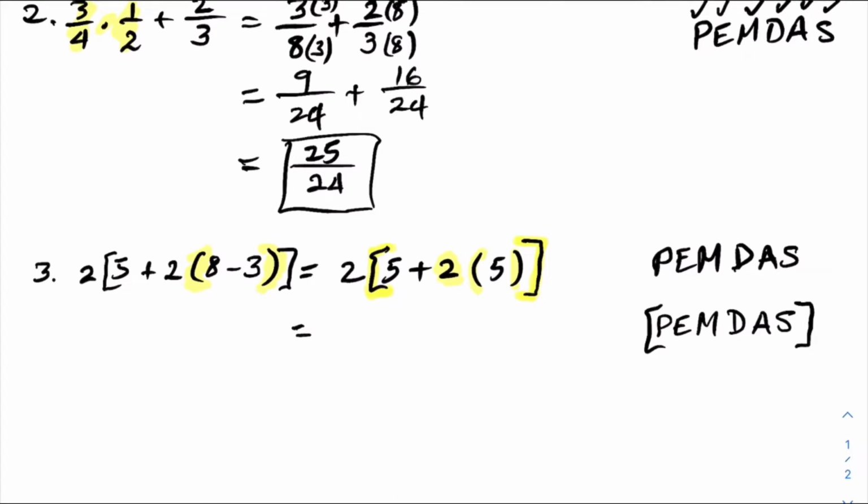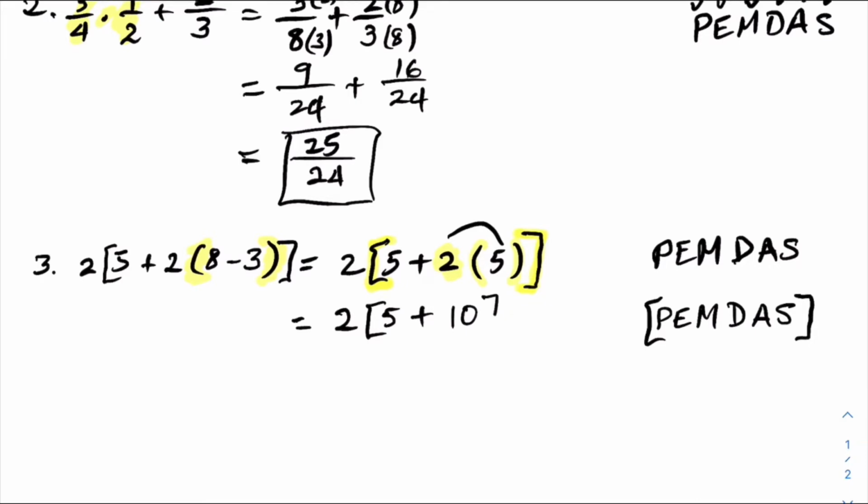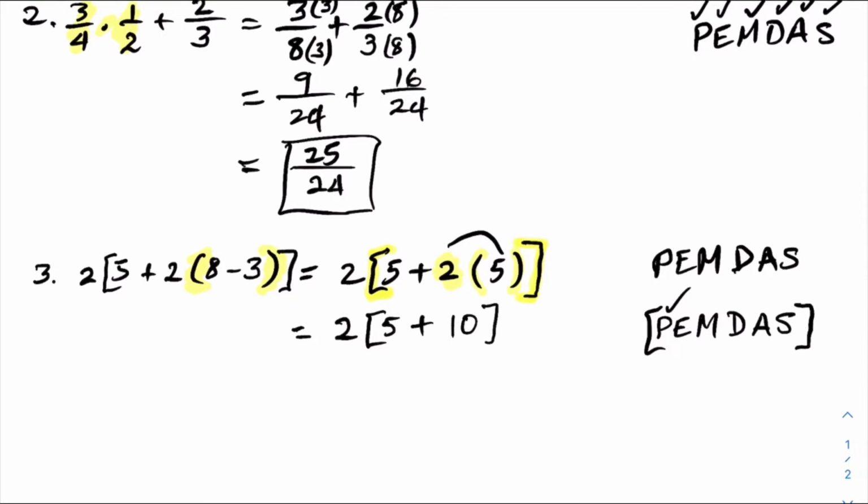Whenever a number is next to a parentheses, it means we are going to multiply it by the number inside. So everything else stays the same. So positive 2 times 5 is positive 10. So the parentheses is done within the bracket.